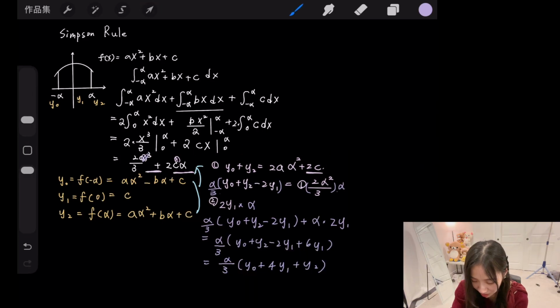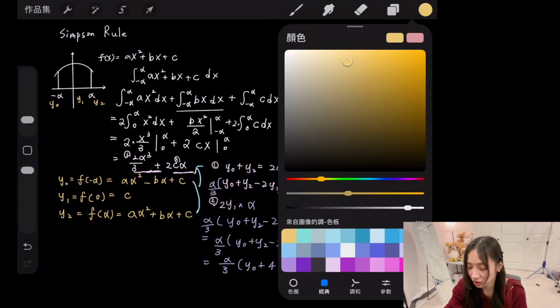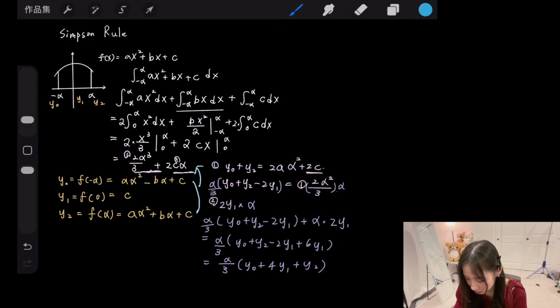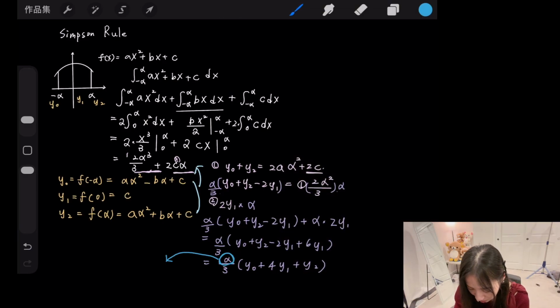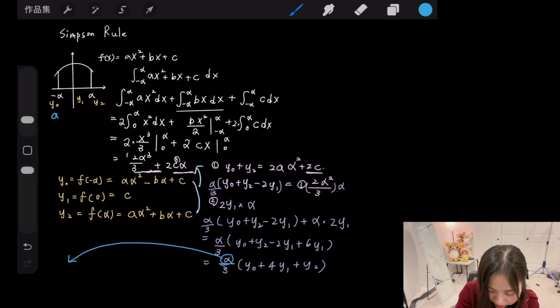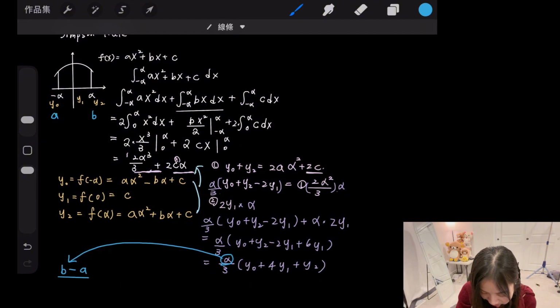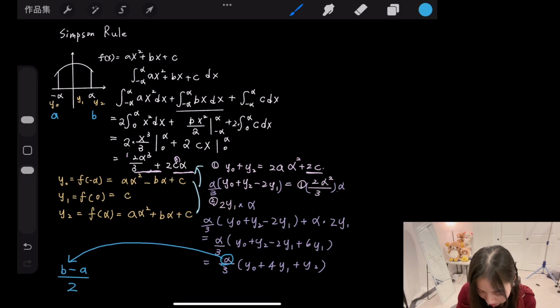Okay, I'll move to here better. Here is your 1. Okay, so as you observe here, your alpha, not this one. Okay, let's use this one. Your alpha will be, let's say this one is A, this one is B. So your alpha is B minus A, and then divided by 2, right?